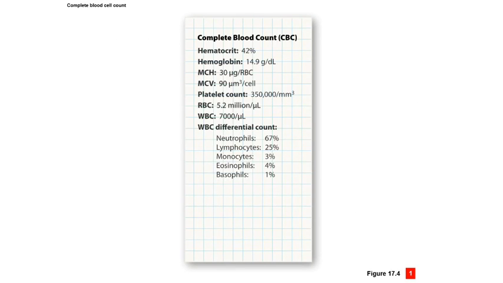So here are the numbers from a CBC. Again, hematocrit, so normal 42%. Your hemoglobin levels, I haven't given you normals for that, but 14.9 grams per deciliter would be normal. The MCH and the MCV are the indices.